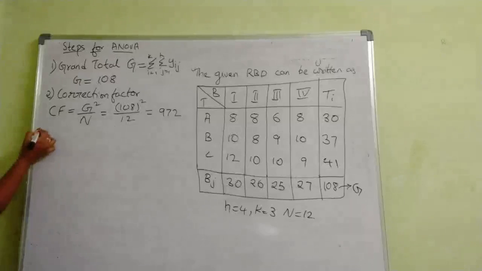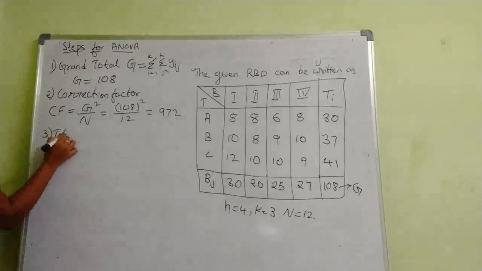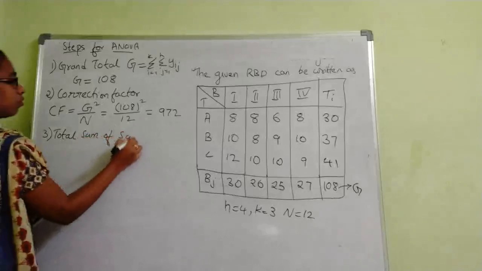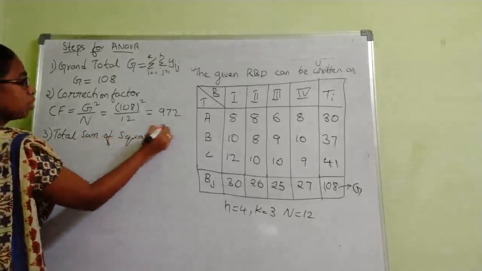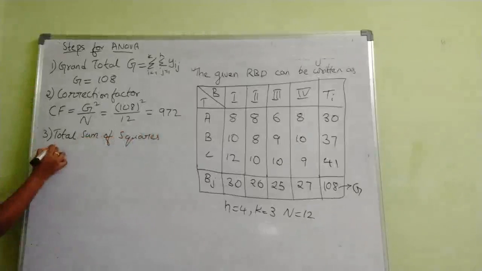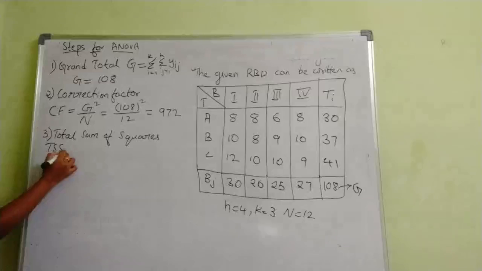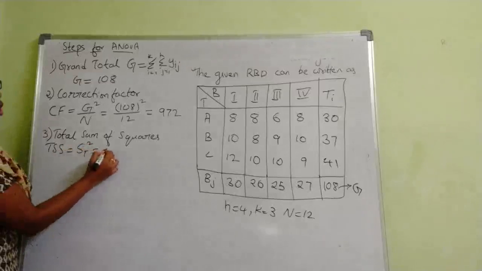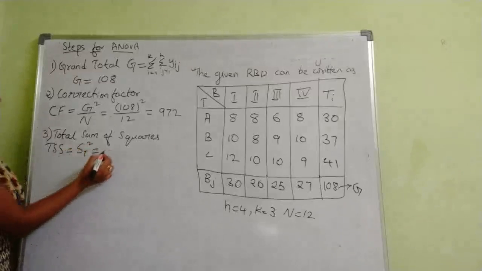Next, in the third step, we are going to find the total sum of squares. So total sum of squares, that is TSS, which can also be written as ST square, equals raw sum of squares minus correction factor.